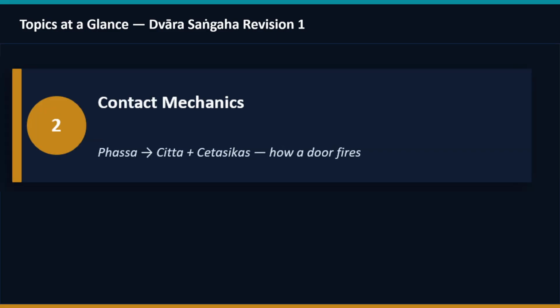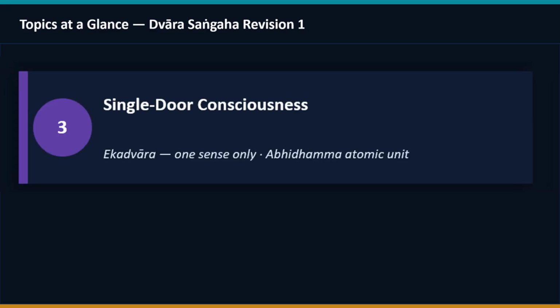And then we talk about the contact mechanics: how phassa, the moment of contact, how chitta and chittasika arise, and how a door fires. So this is the contact point of the base. We're going to look through all these as revision for you.